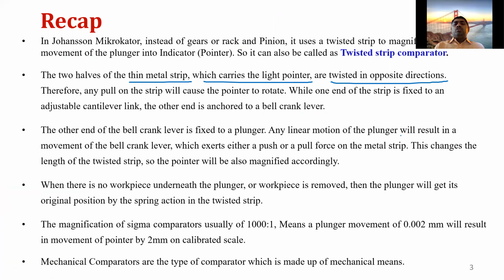So any linear motion of the plunger will result in movement of the bell crank lever, which exerts either a push force or a pull force on the metal strip depending on the motion of the plunger, either upward or downward. This changes the length of the twisted strip, so the pointer movement will also be magnified accordingly.